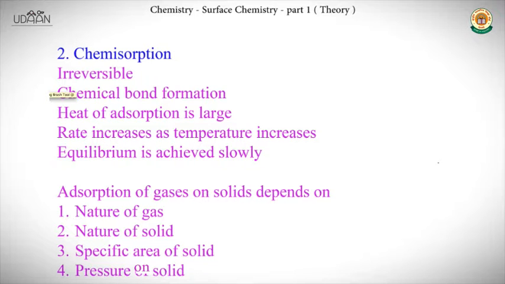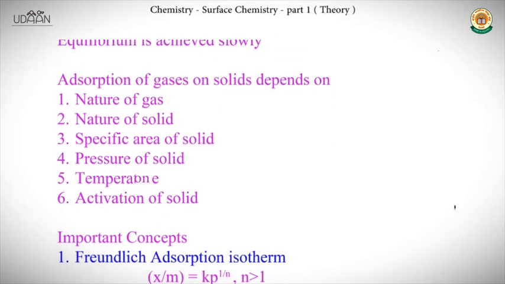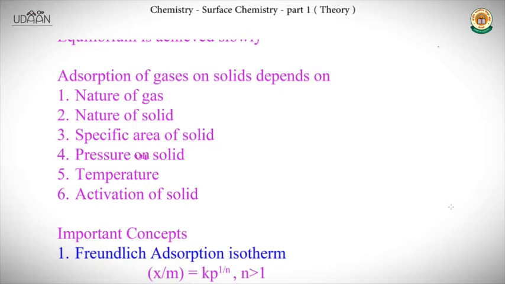So as we increase the temperature, chemisorption increases, while in physisorption it was the opposite. Here equilibrium is achieved fairly slowly, and after a long time, saturation occurs, because chemical bond formation has to take place, so it takes some time.